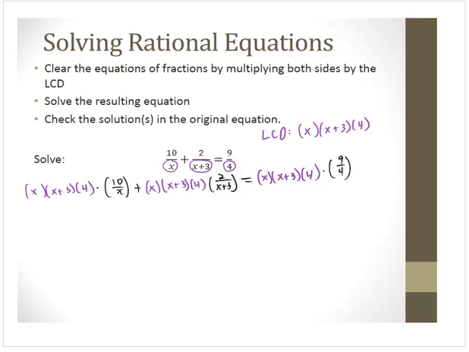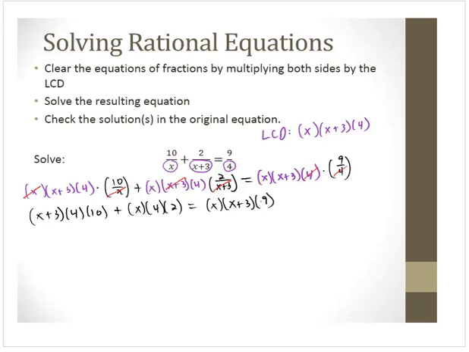Now, some nice things happen here. If I multiply through everything on the first term, that factor of x reduces out. In the second term, the factor of x plus 3 reduces out, and in the third term, on the right-hand side, the factor of 4 reduces out, leaving (x plus 3) times 4 times 10 plus x times 4 times 2 equals x times (x plus 3) times 9, which is now a polynomial equation.